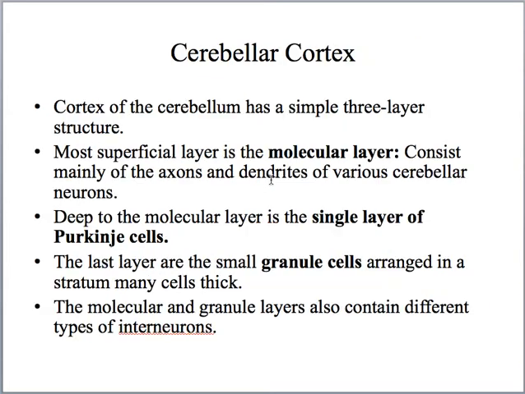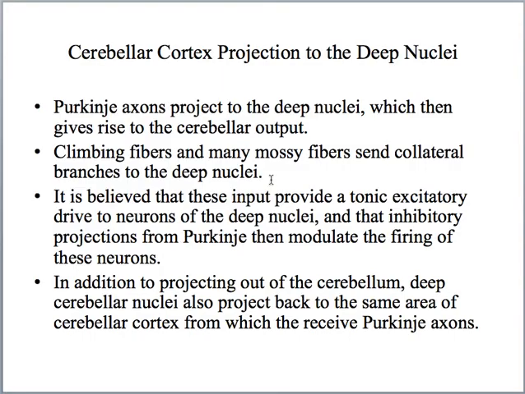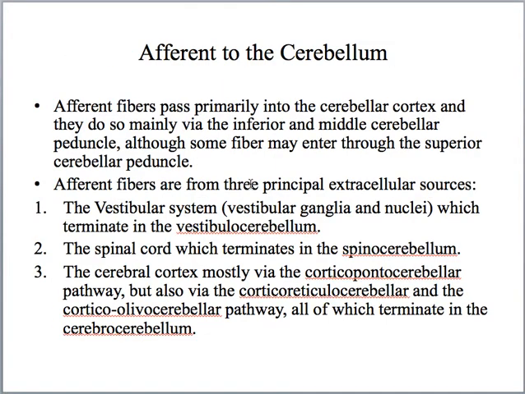The other thing I want you to focus on is the afferents projecting into the cerebellum. The first is the vestibular system, and we're going to be talking about the vestibular system next week.